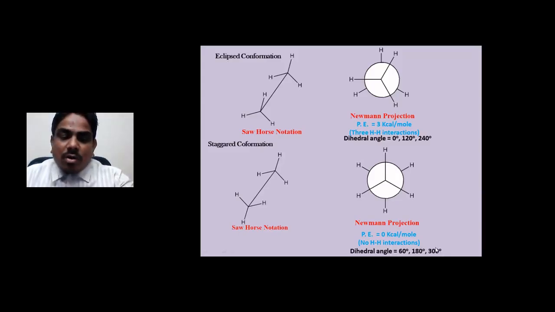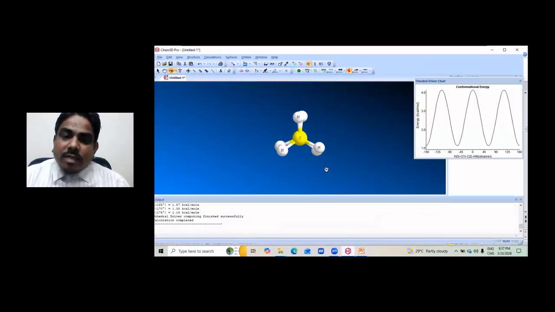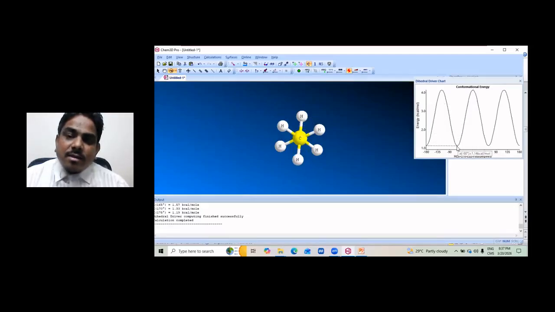In the molecular modeling, we will observe how the energy of the molecule changes. This is the Newman projection formula for the eclipse conformation of ethane, observed at 0 degrees. By 60 degrees, we are changing the position. So this is a 60 degree dihedral angle. At 0 degrees, we observed the eclipse conformation. At 60 degrees, the staggered conformation. Again, at 120 degrees, the eclipse conformation.